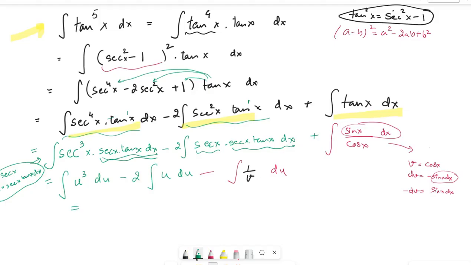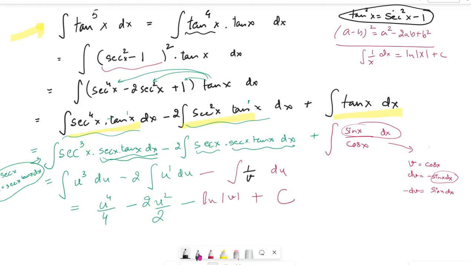Let's write this integral out. u cube's integral would be u^4 by 4 minus 2. Here power is 1, so it becomes u square by 2, minus, this is 1 by v. If you remember, the integral of 1 by x dx was natural log of x plus c. So this would be natural log of v plus c.